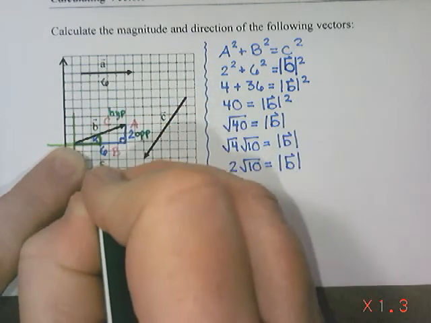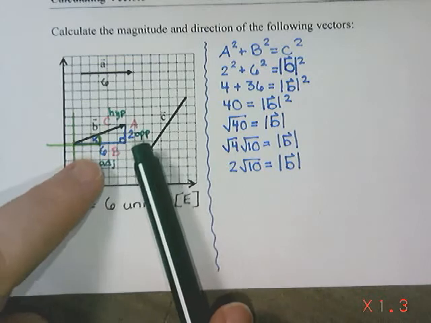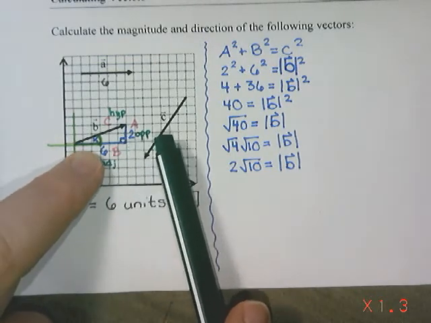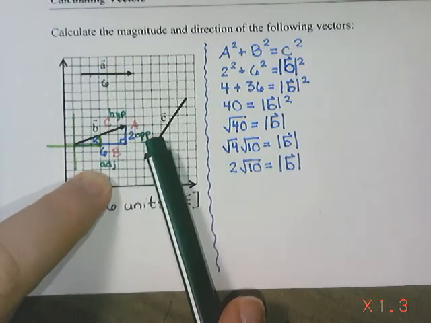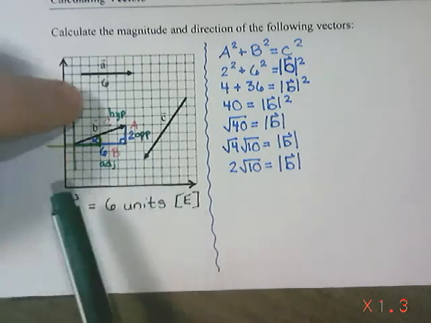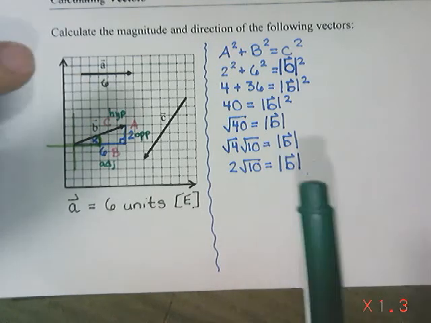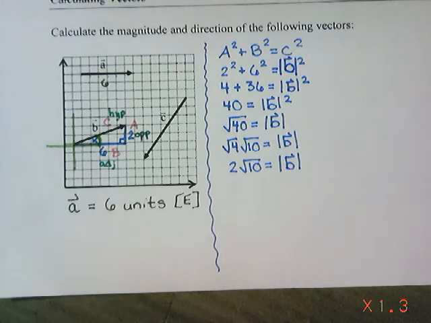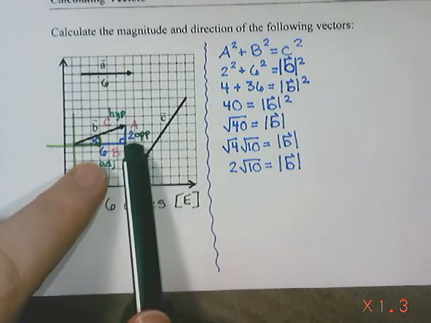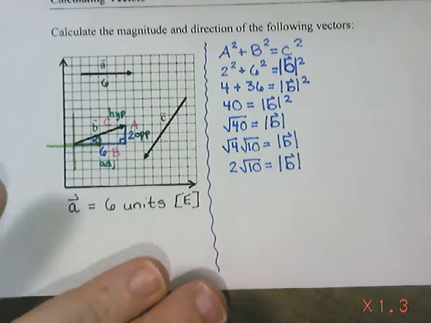And then that would make this the adjacent. So what I would like to do, I know in the question I was given the 2 and the 6, which is opposite and adjacent, so I would probably use tan. I could use the hypotenuse because I have calculated that, but I might have made a mistake. So I like to just use the sides that I was given in the question if I can, which are the 2 and the 6. So I probably would use the tan ratio for this.